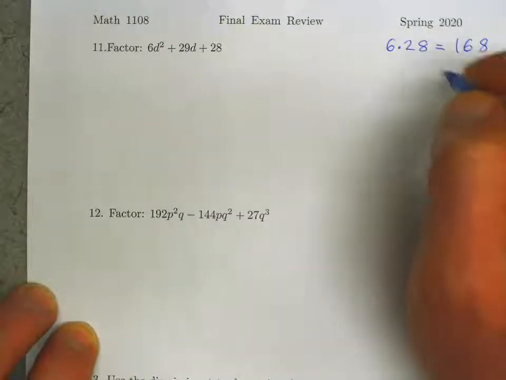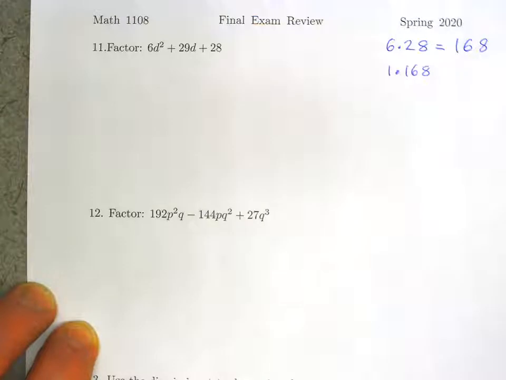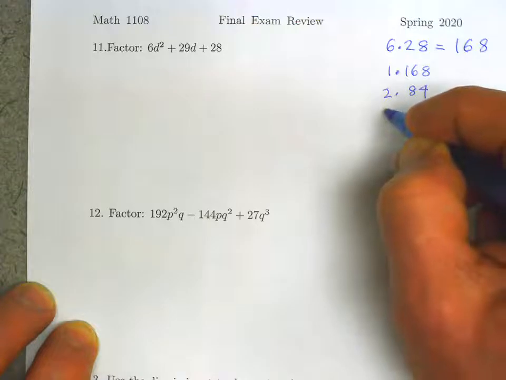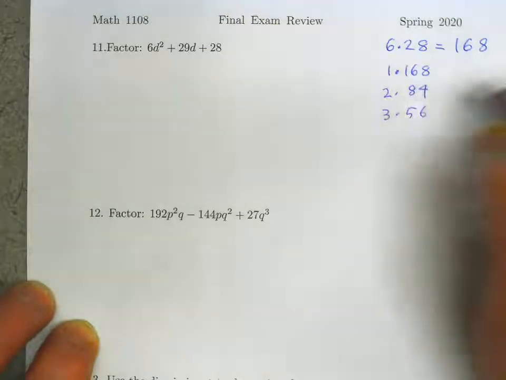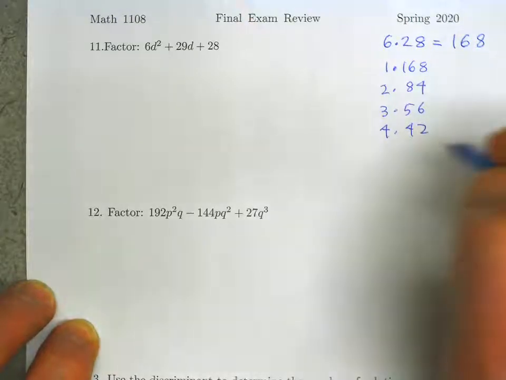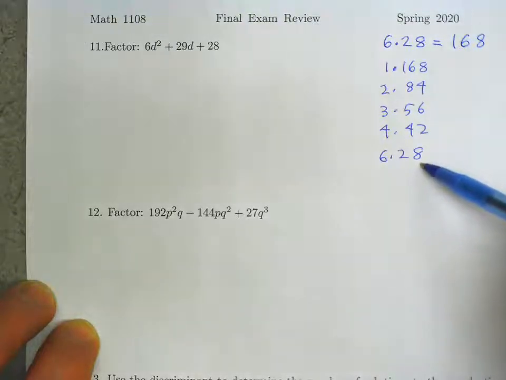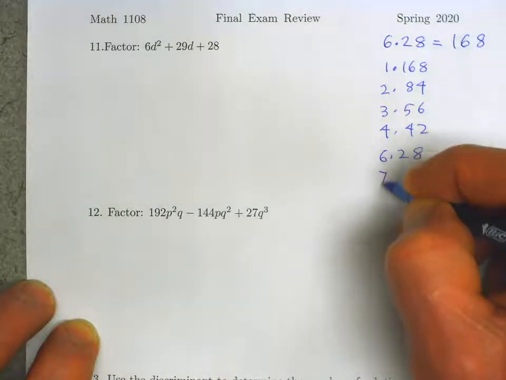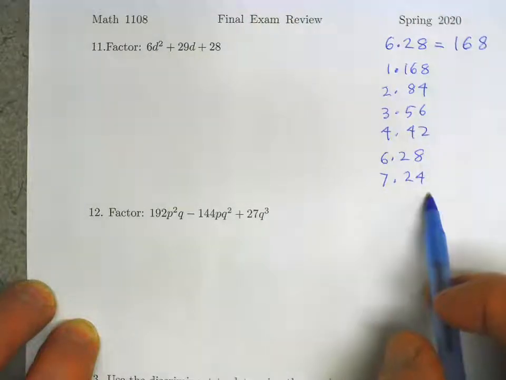So if we start at the extremes, 1 times 168, those add up to 169. Then 2 times 84, 3 times 56, 4 times 42, 5 is not a factor, 6 times 28, those add up to 34, we're getting closer. 7 is a factor, 7 times 24, so those add up to 31.